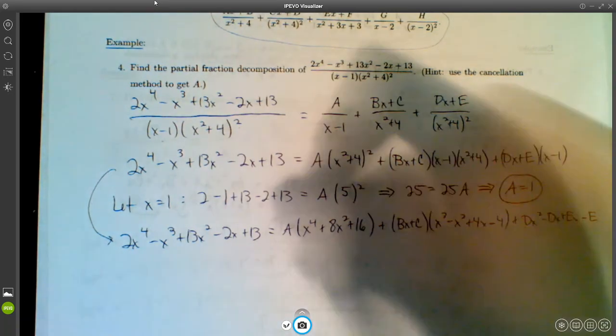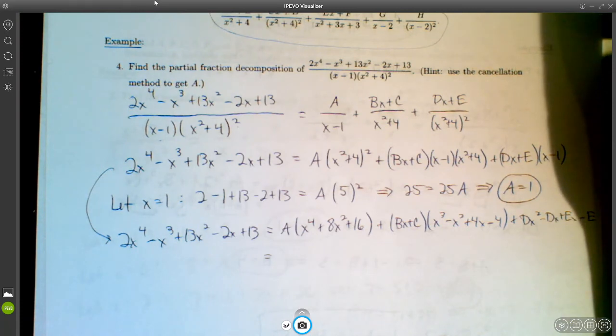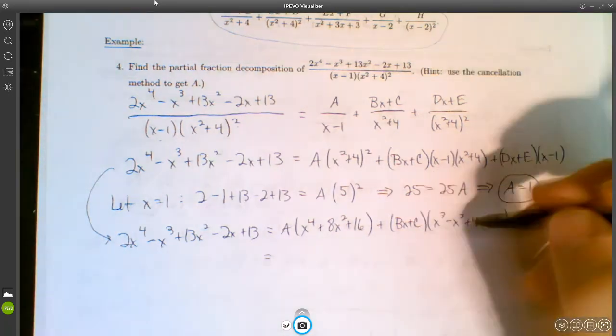Okay. I'm going to try to equate coefficients here. Oh no, I've got to do one more step.